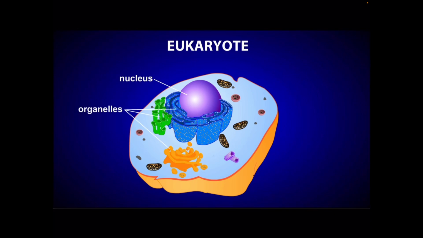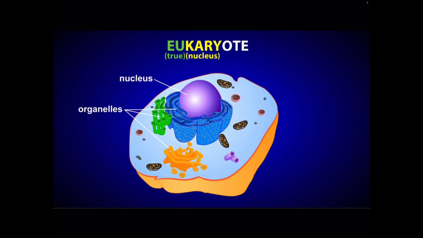The name eukaryote also gives a hint about its structure. Eu means true, and remember that kary means nucleus, so in essence the word eukaryote means true nucleus. Eukaryotic cells are larger and much more complicated than prokaryotic cells. However, they do share a few things in common with prokaryotes.